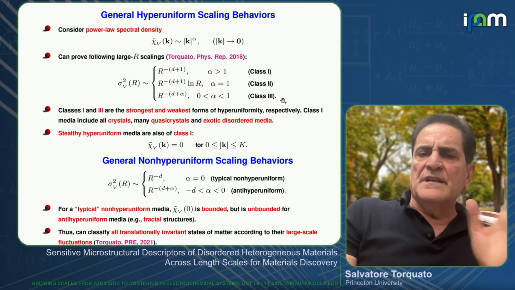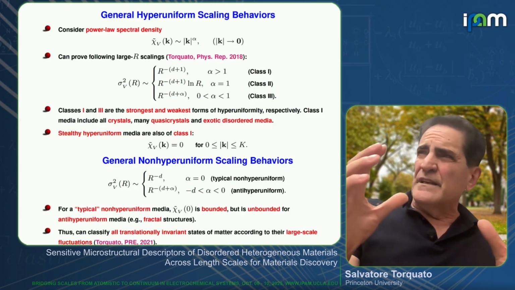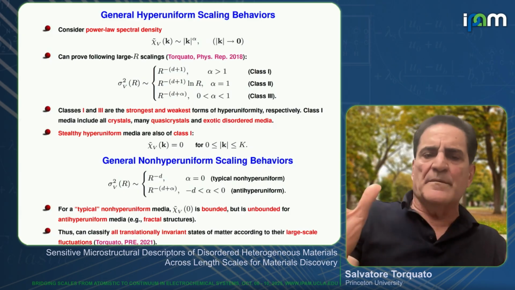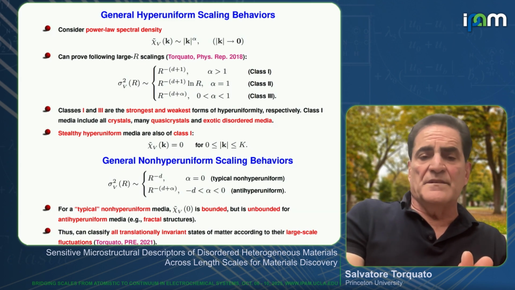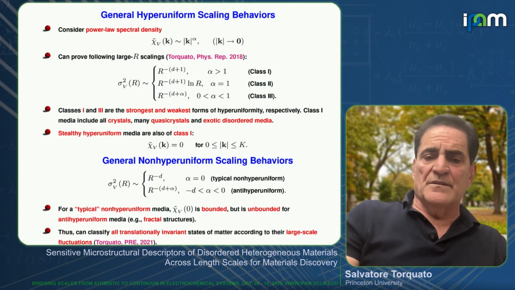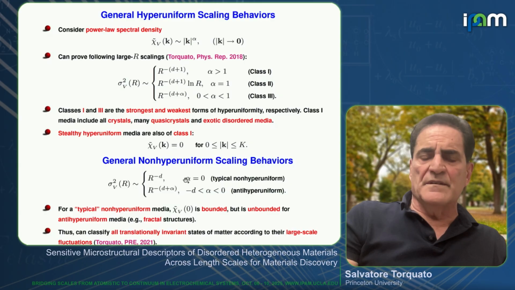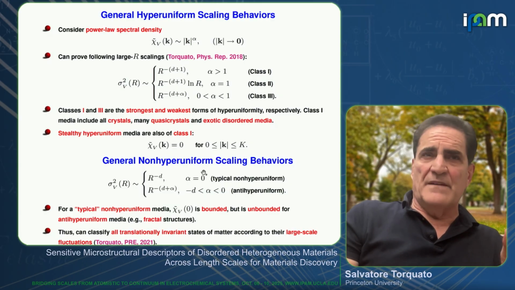Now, what this does is that this also focuses attention on the large-scale behavior of things that are not hyperuniform. So now I'm going to tell you the two types of scaling behaviors you can get for things that are non-hyperuniform and disordered. So typical non-hyperuniform means alpha 0. In other words, it turns out that the spectral density is bounded as k goes to 0.